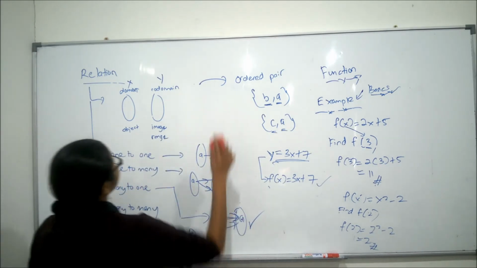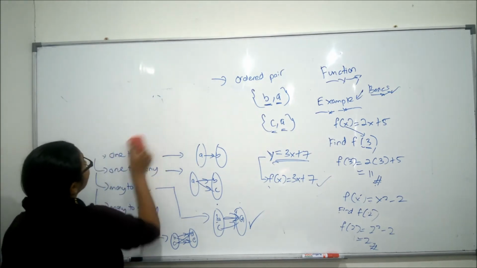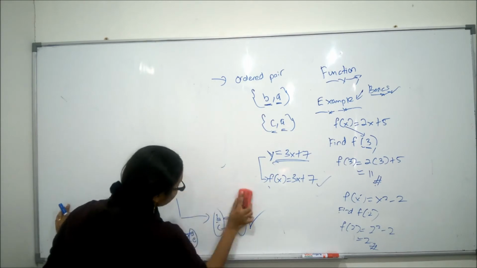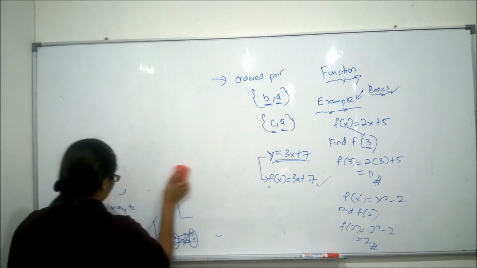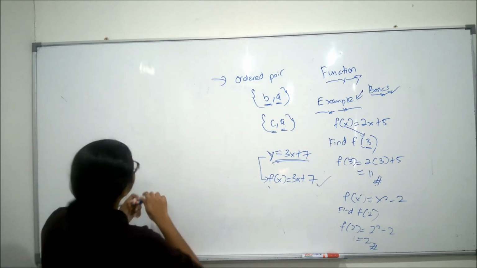Let's draw a diagram to represent a function now. I hope you got it so far. If you have any questions, you can drop me a comment. Okay, let's move on.